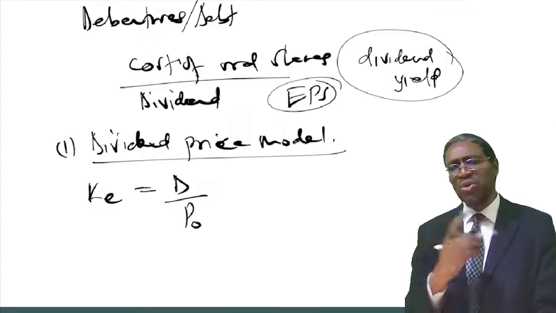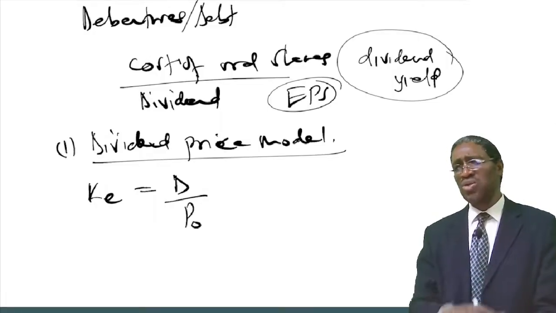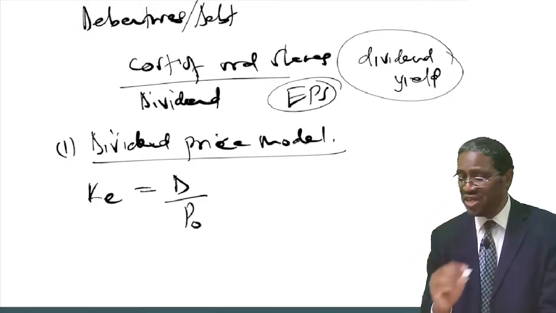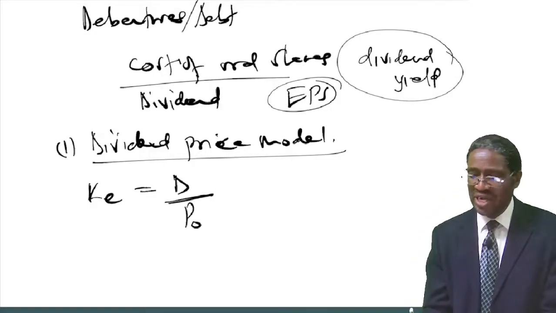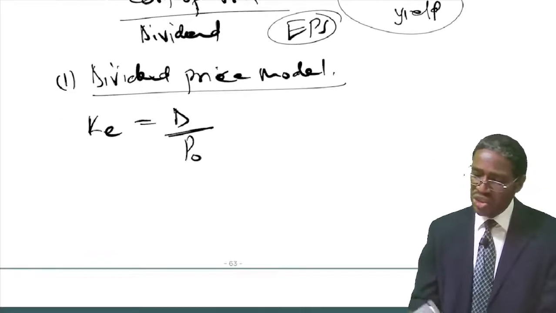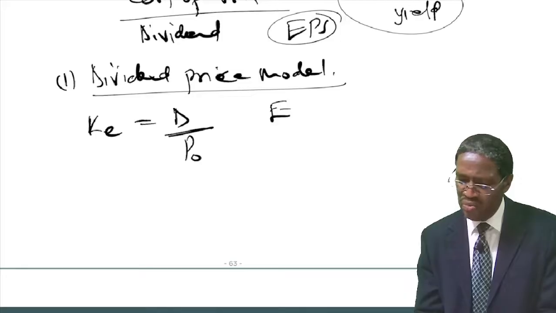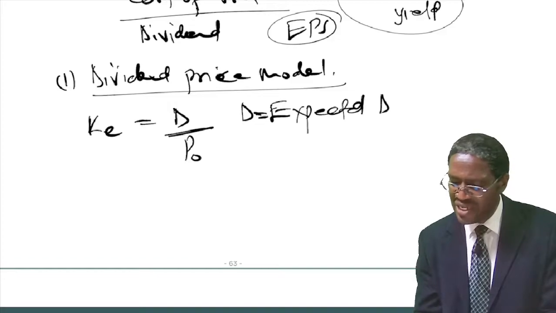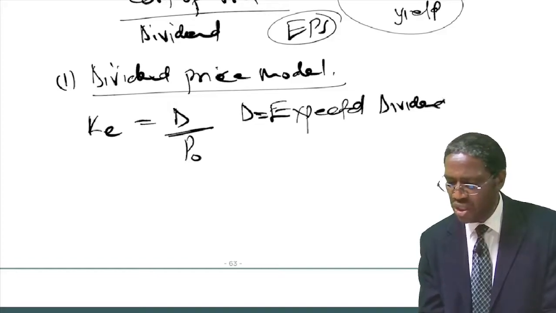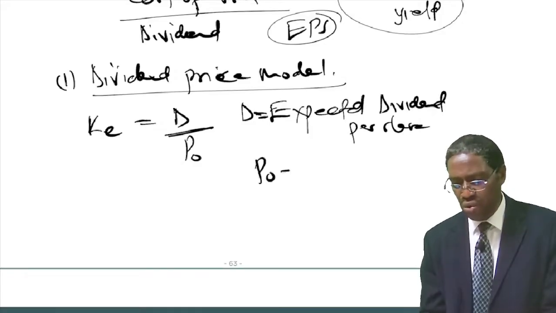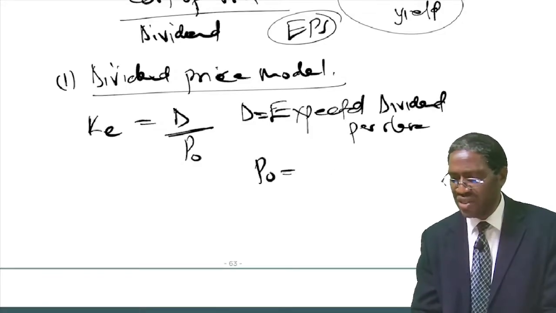So to compute the cost of ordinary shares using the dividend price model, we shall be taking the dividend per share and dividing that by the market price per share. D we shall be taking to be the expected dividend per share, while P0 we are taking to be the current market price.